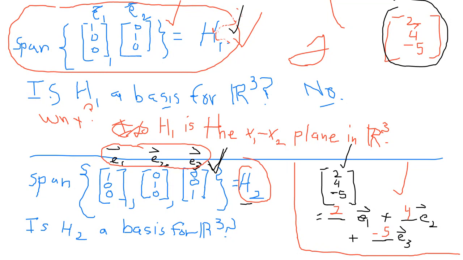But is the span of those three vectors equal to R3? Yes, that's right. So therefore, this subspace H2 is a basis for R3. And in fact, it is equivalent to R3.